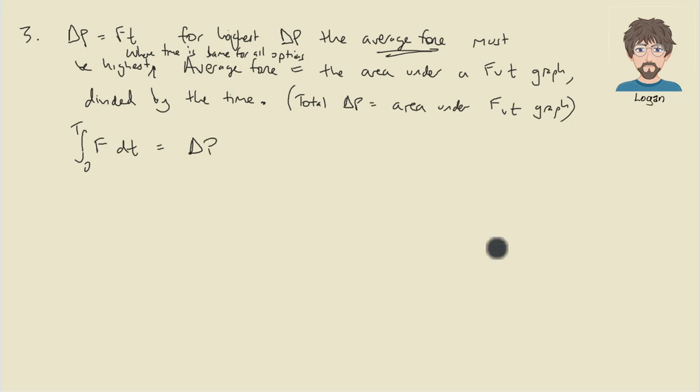Which one of the devices would transfer the greatest momentum to the glider? So what we need to do is look at which is going to have the largest area. And if I look at these, let's see, has A got a larger area than B? Well, we can actually add the areas up. So A, we'll assume that that top point on the graph is 2 and the midpoint is 1, just for the sake of this.